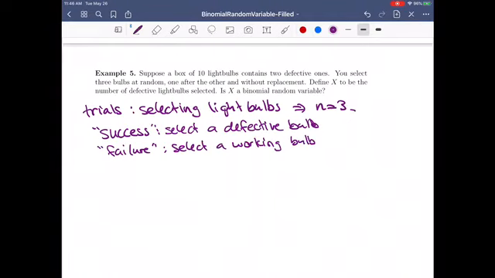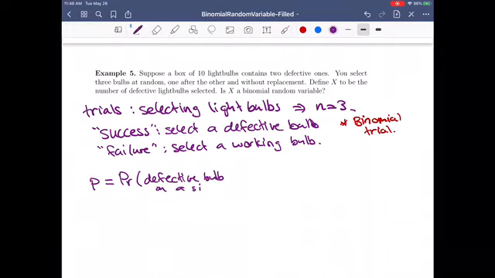So we have binomial trials. Okay, a binomial trial. So now we want to think, okay, what would p be? So the probability of selecting a defective bulb on a single trial.